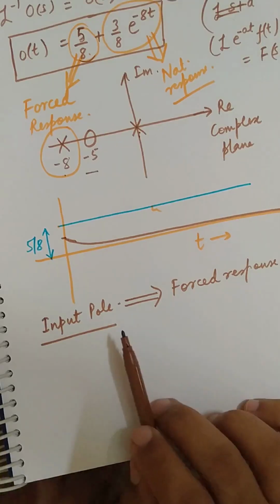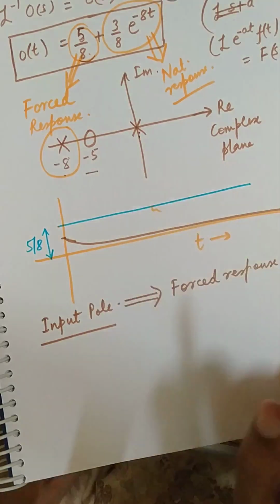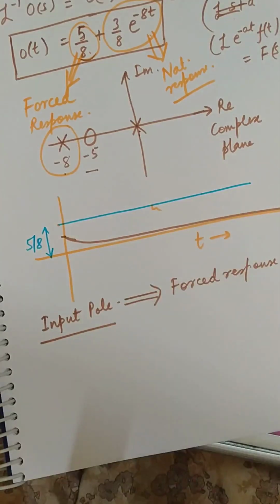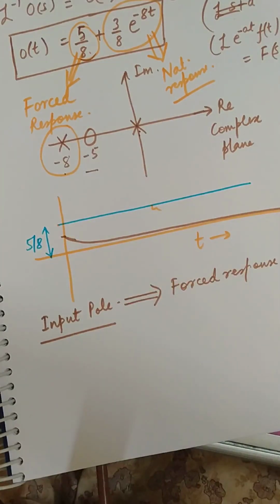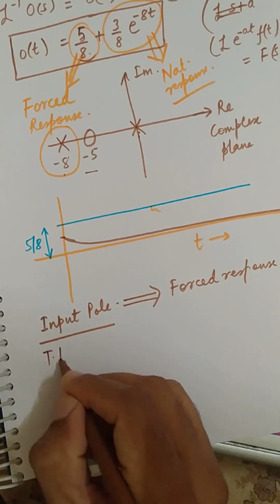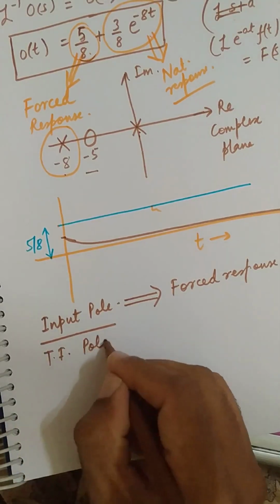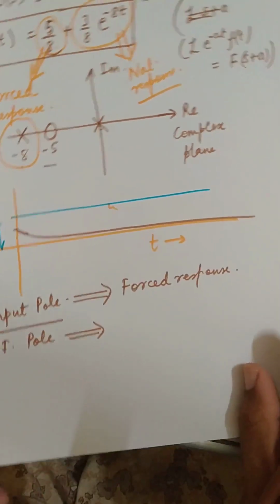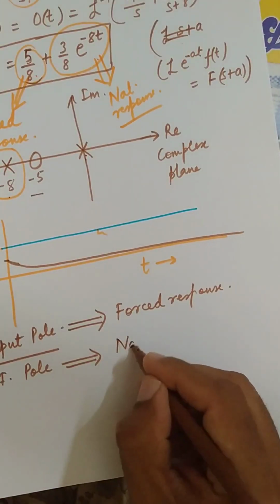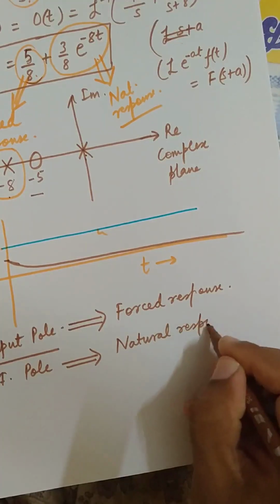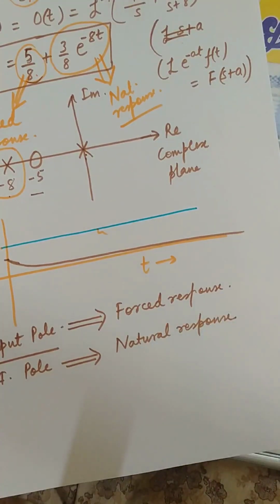And since this was at the origin in this particular case, so it generated a constant output, right? Similarly, a pole of the transfer function, so the transfer function pole generates or appears in the natural response. Right.